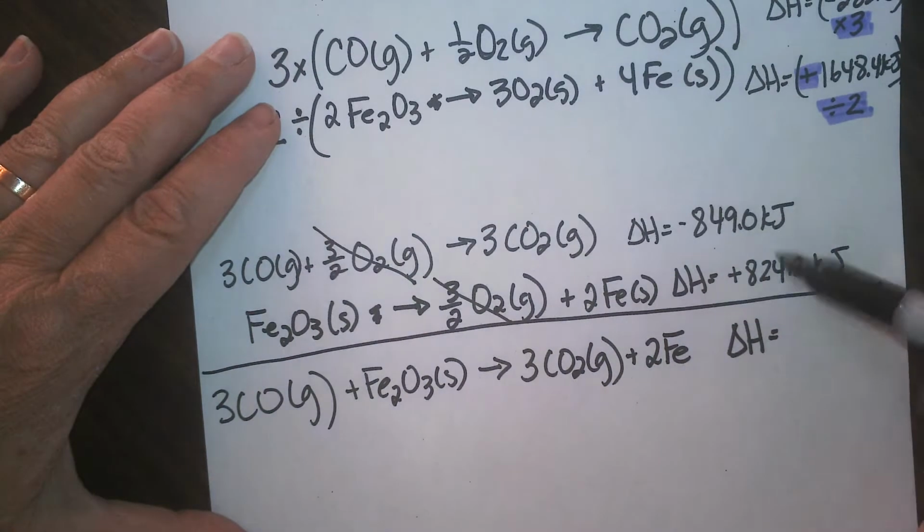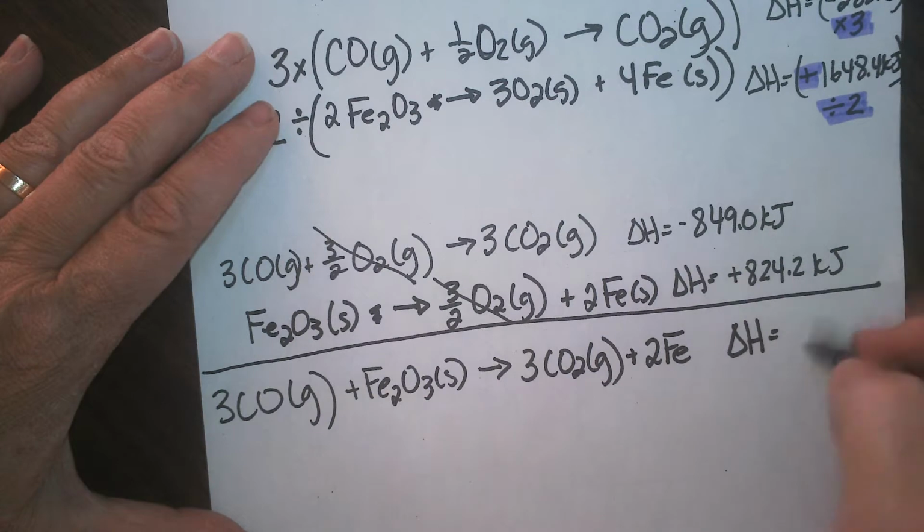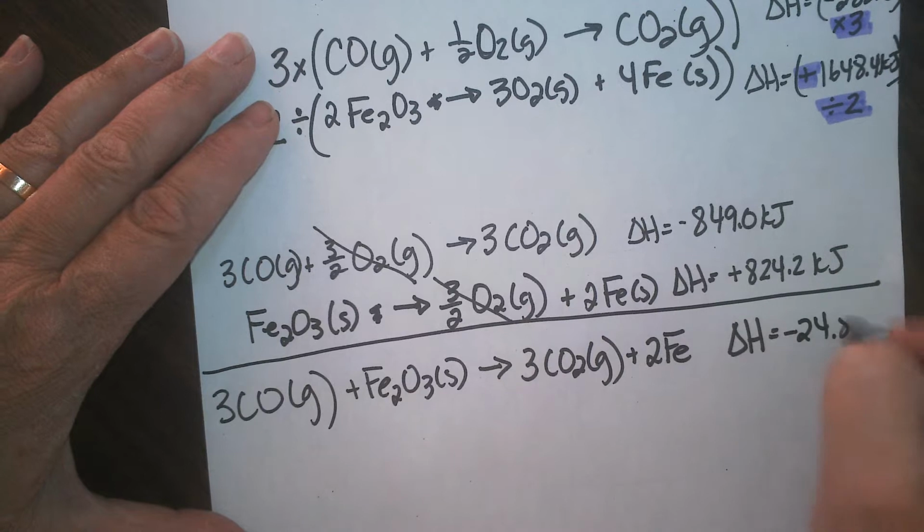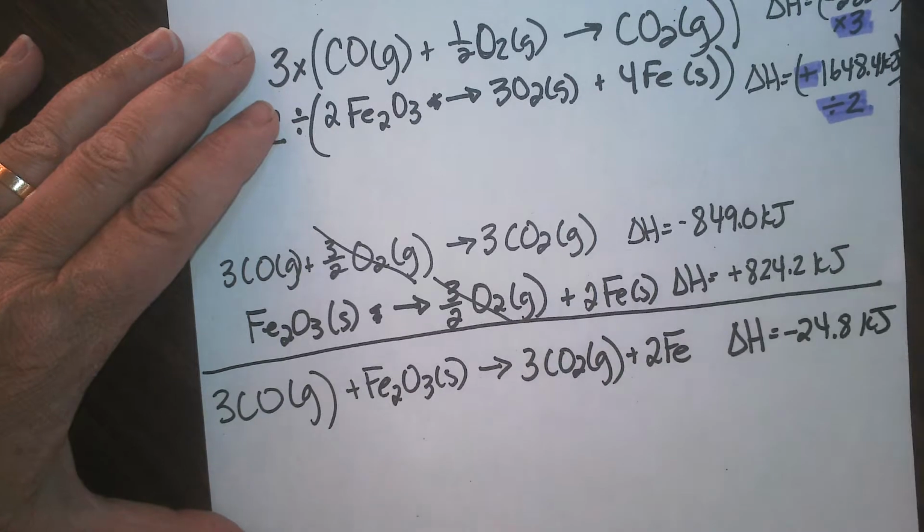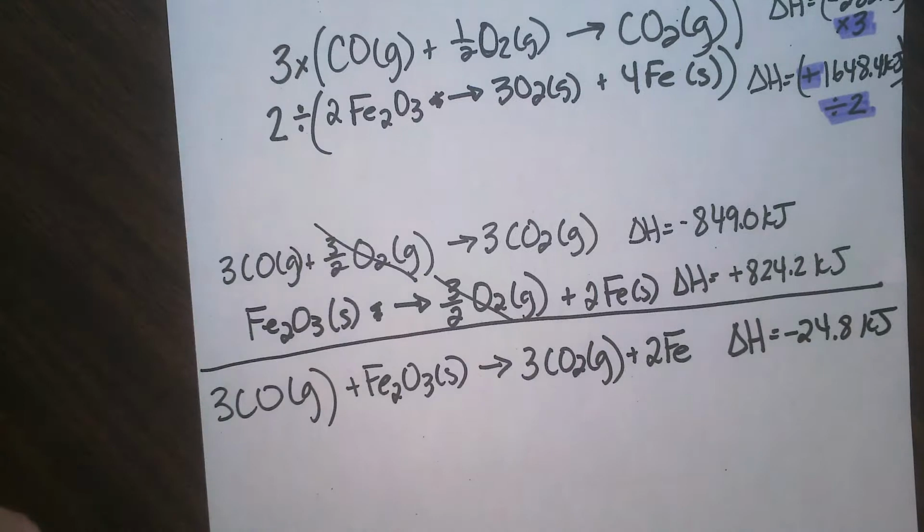Negative 849 plus positive 824.2. And what do I get for delta H? So that's the enthalpy change of this reaction. Because we took 2 intermediary reactions, created our net reaction, and we found our net enthalpy change. Okay?